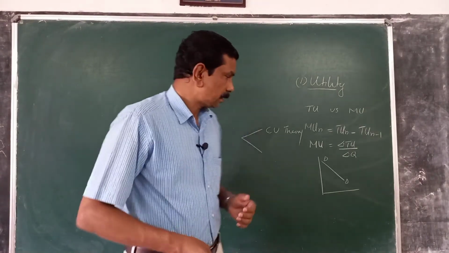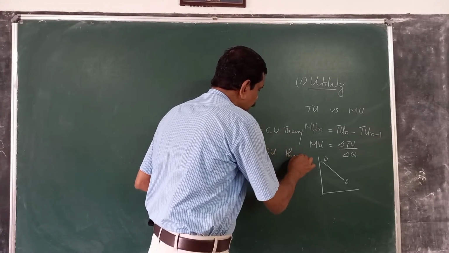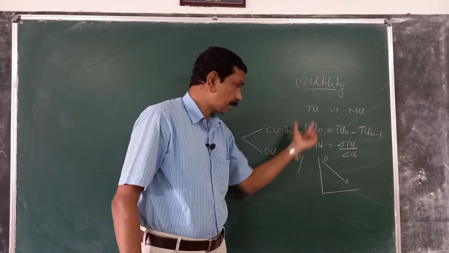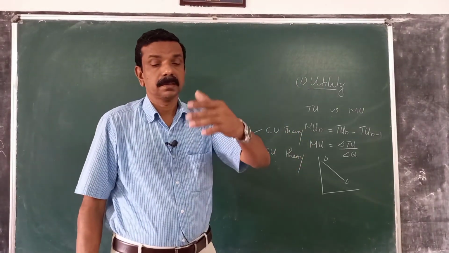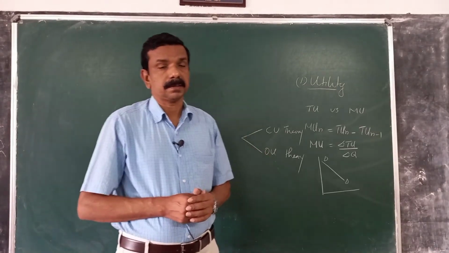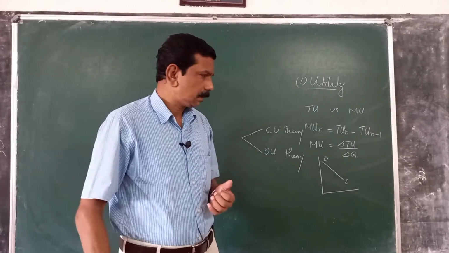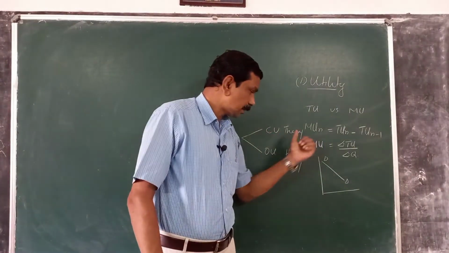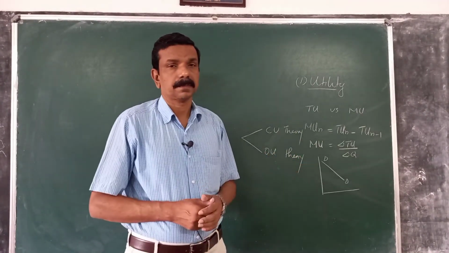The second one is ordinal utility theory, based on the conceptualization that utility is ordinal, also known as indifference curve analysis. So basically there are two approaches to the theory of consumer behavior.